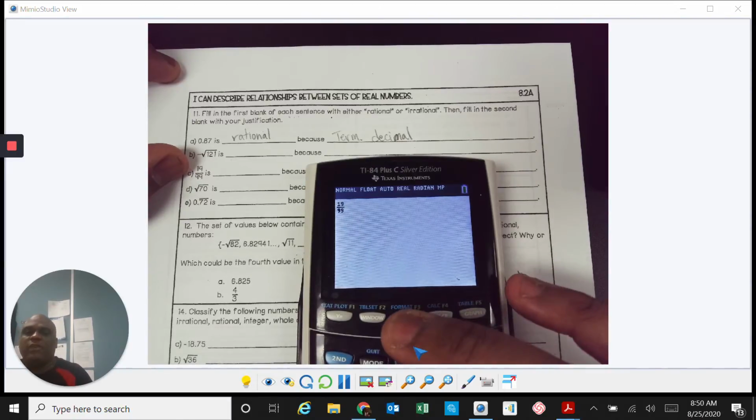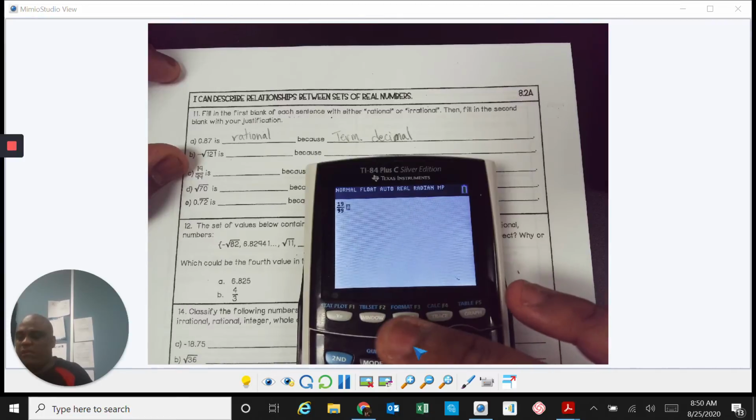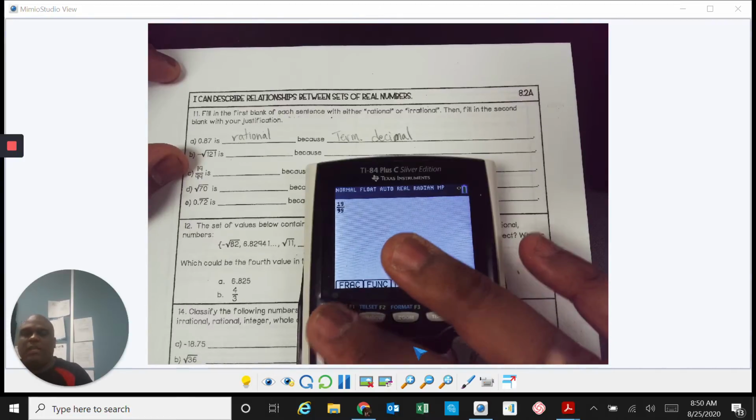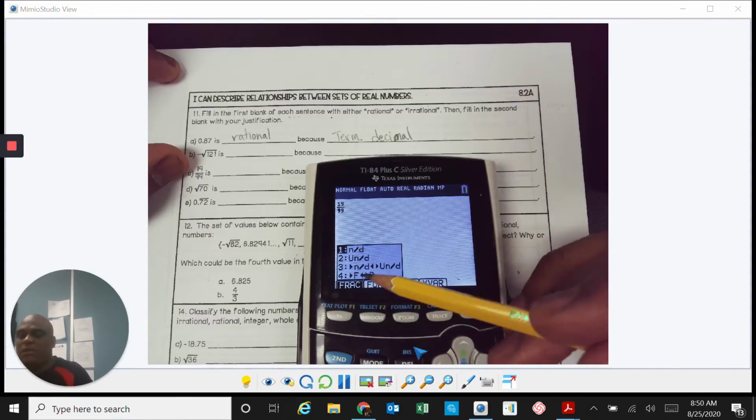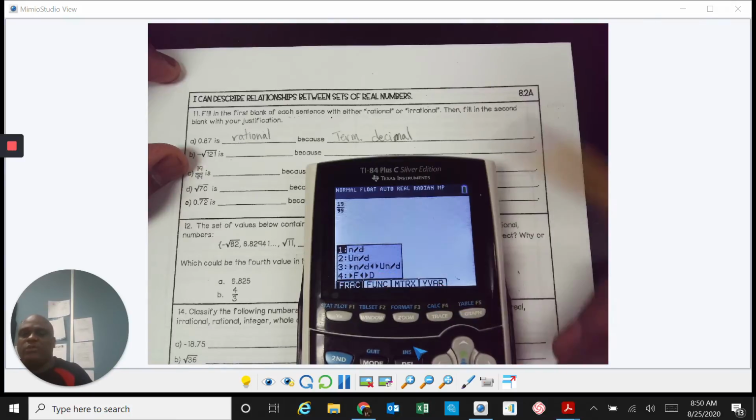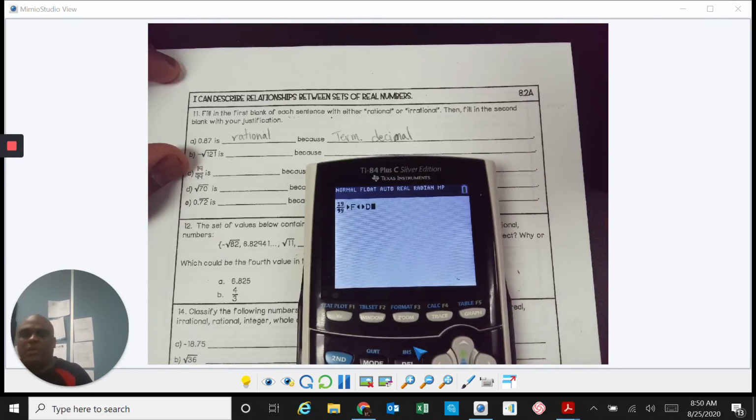Then, because I want to convert it to a decimal, I do alpha, y equals, convert a fraction to a decimal or a decimal to a fraction, so I'm going to hit 4, hit enter, and it converts it to a decimal. Now notice this is a repeating decimal. Your repeating decimals do not have to be 3333, 6666, 4444.